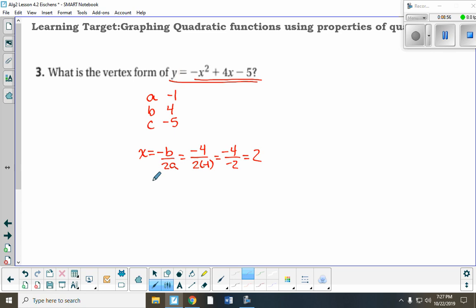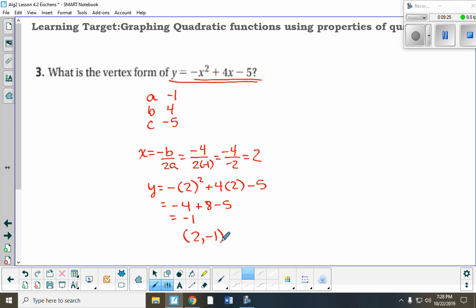And to find where the vertex is, we're going to substitute 2 into the original equation. So that would be -4 plus 8 minus 5, which is 4 minus 5, you get -1. So when the input was a 2, the output is -1. So that is the vertex.